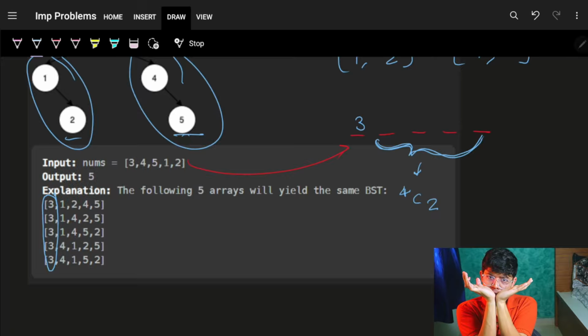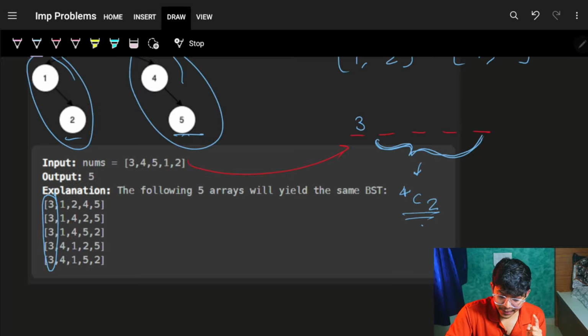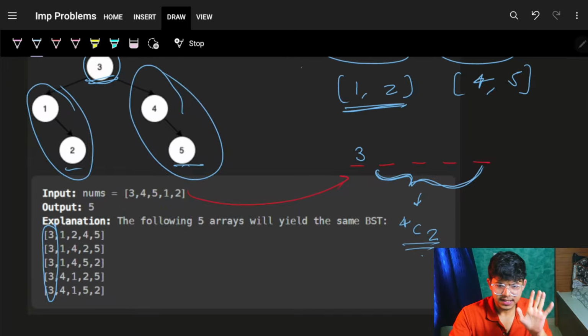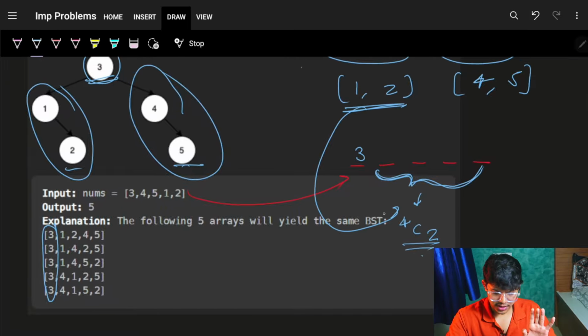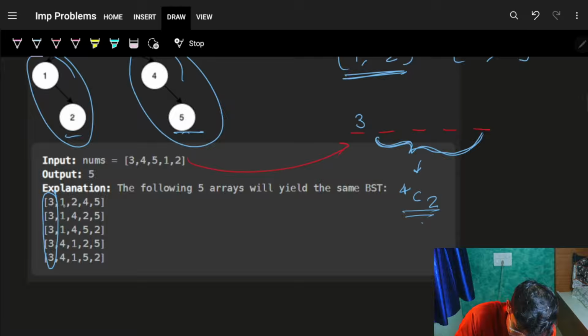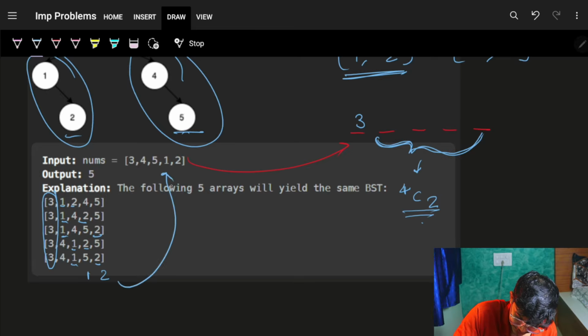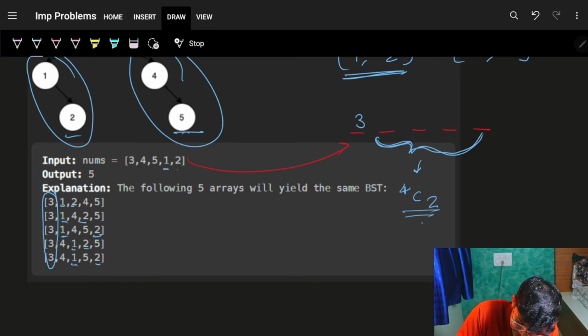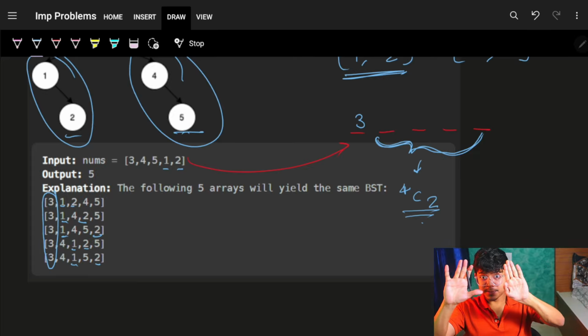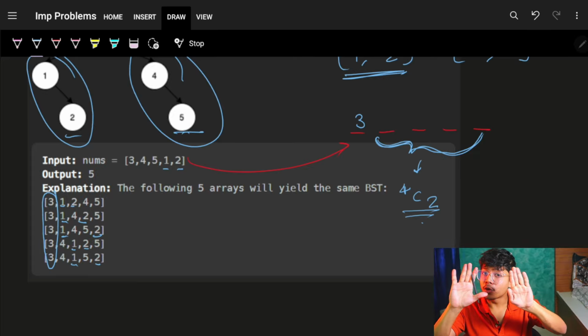So I have these 4 locations. I can place my 2 of these in any of these 4 locations, right? As you can see, 1, 2, then 1, 2 in other places, and lastly it would be a 1, 2, which is this example itself. So basically I can place my 1, 2 at any of these 4 locations.